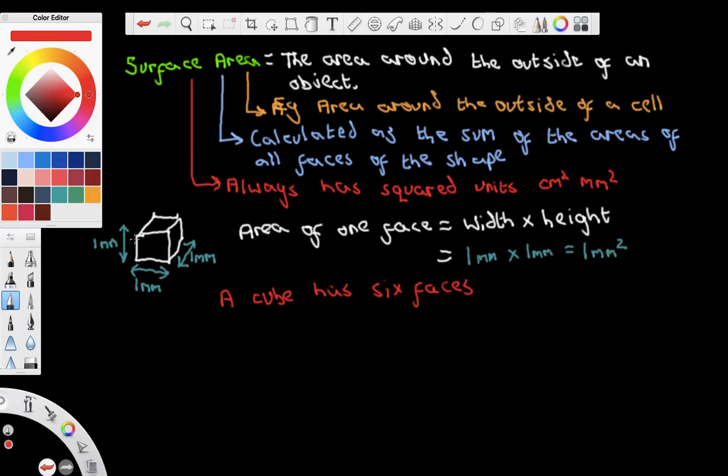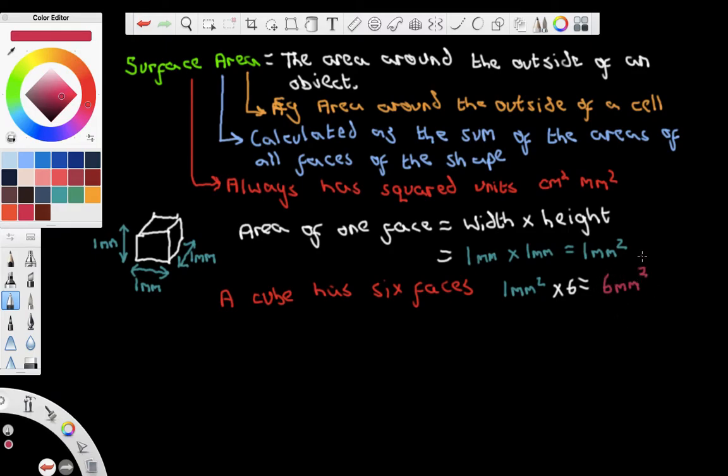Therefore, to find the area of the cube, you would need to times this by 6. So you could do 1 millimetre squared times 6, because there's 6 faces, which would give us our answer of 6 millimetres squared.